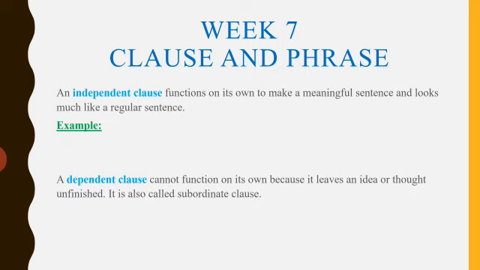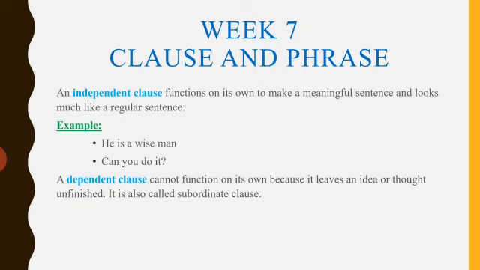An independent clause does not need any help to complete itself, rather it is already complete. For example, he is a wise man, and can you do it? In both these sentences, the clauses are complete, so it's an independent clause.